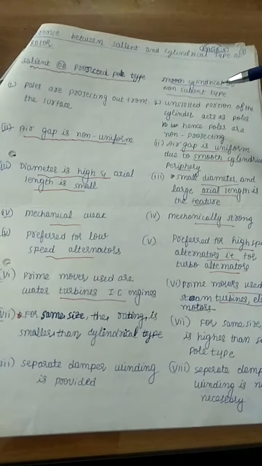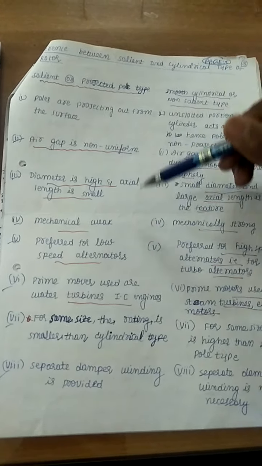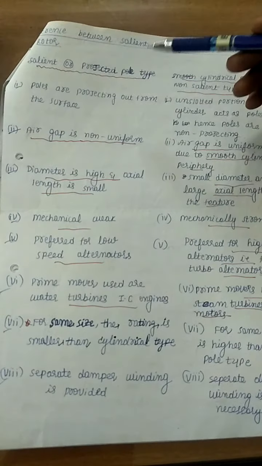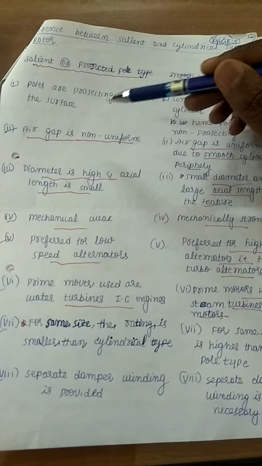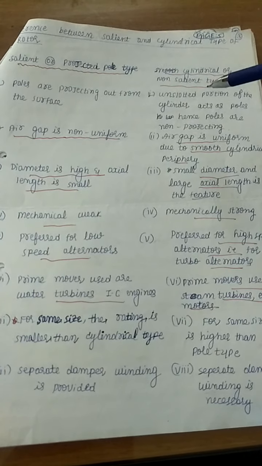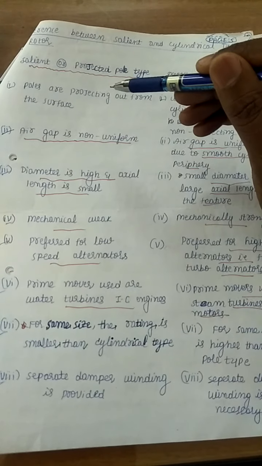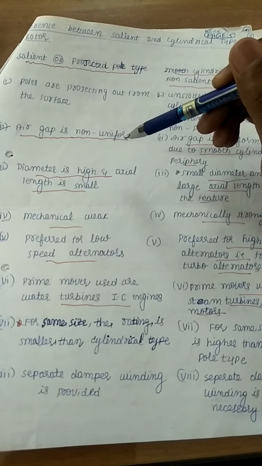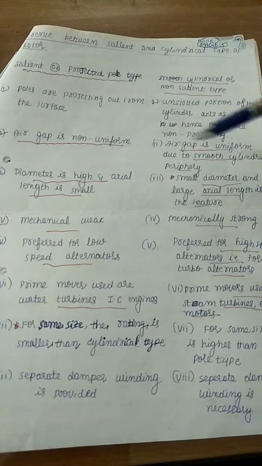These are some of the differences between salient pole type and cylindrical type rotors. These differences we already discussed. Anyhow, I will brief it once more. In the case of salient type rotors, poles are projecting out from the surface. Here the unslotted portion itself behaves like poles. In the case of the salient pole type, the air gap is non-uniform. Here the air gap is uniform due to the smooth cylindrical periphery.